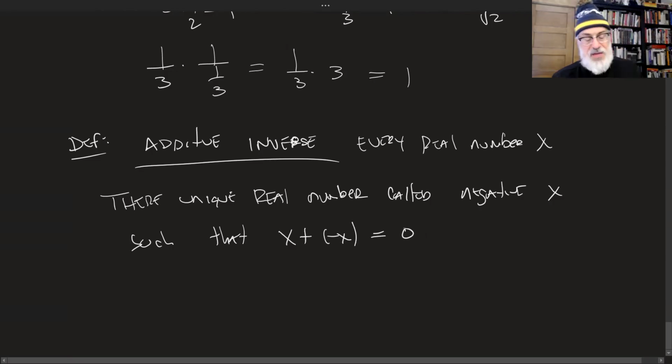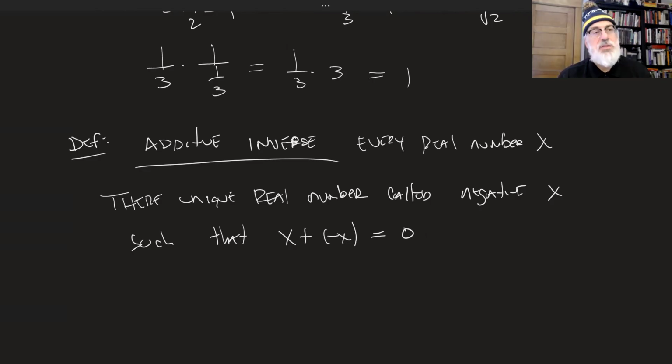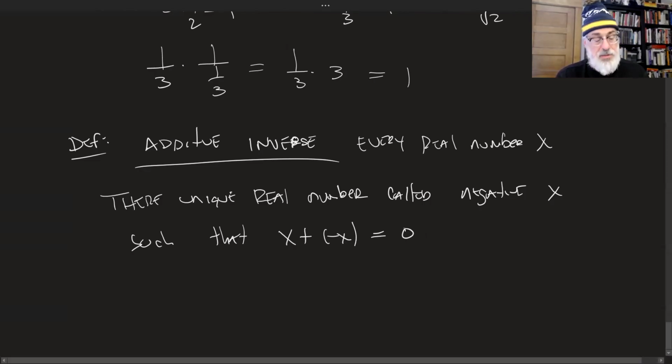These are additive inverses. In the case of additive inverses, what we get is the additive identity. In the multiplicative inverses, we get the multiplicative identity, 1 and 0.